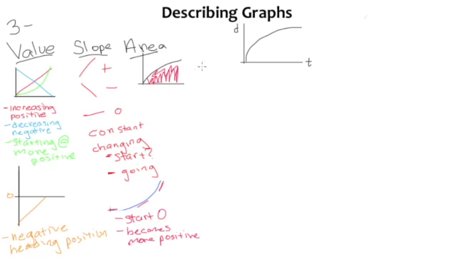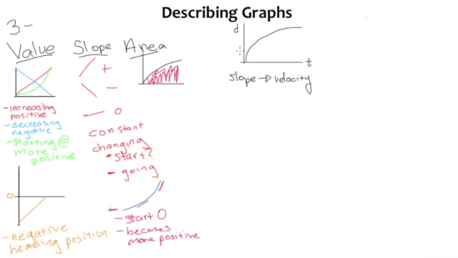Now, why do we need to know how to describe the value? Well, we should remember that if I look at the slope of this, that is telling me my velocity. So any of these words from the left that I would use to describe my slope, that's what I would use to describe my velocity. So let's describe the slope here. If we look at our signs, positive, negative, or 0, remember we can ignore our y and x axis.